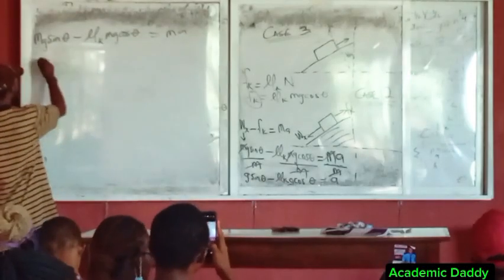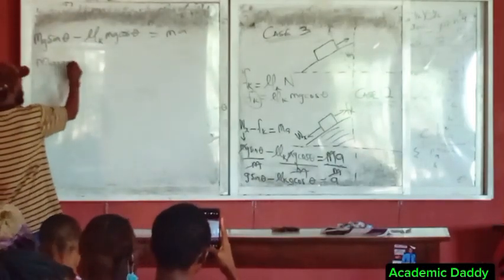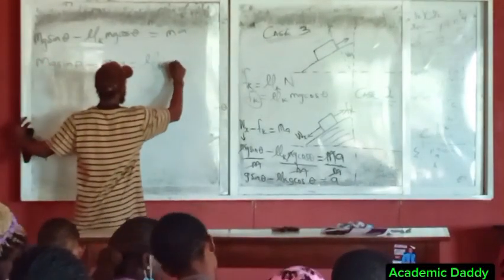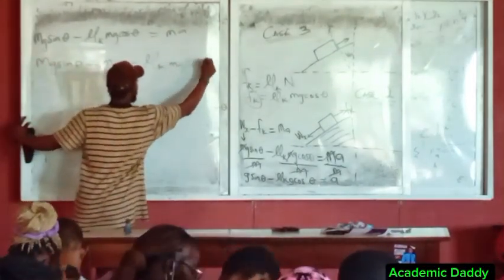So to make this the subject of the formula, I have mg sin theta minus ma equals the coefficient of kinetic friction times mg cos theta.